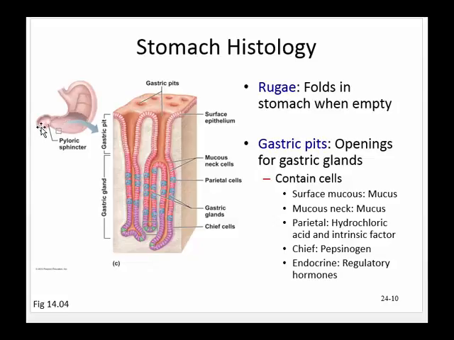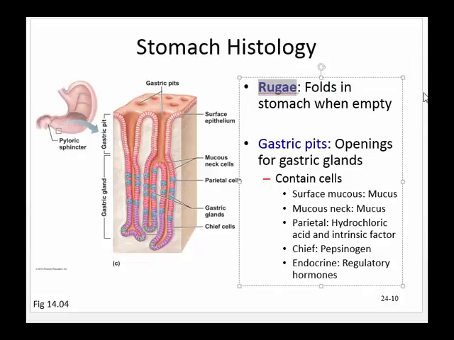And when the stomach is empty, we can see some folds within there, and those folds are referred to as rugae. These folds will flatten out when food starts to enter the stomach. The bladder has a similar type of function where when it's empty, we can see folds, and then it can hold so much liquid at one time.